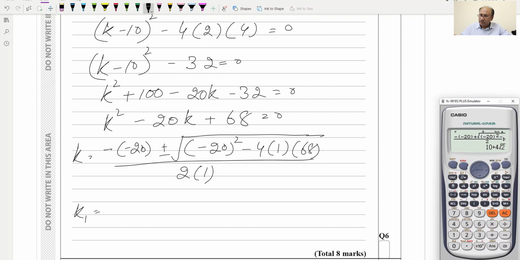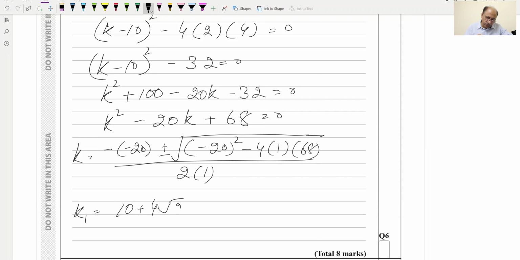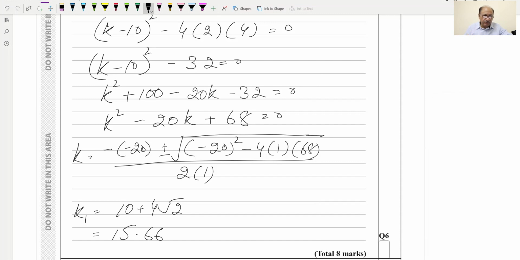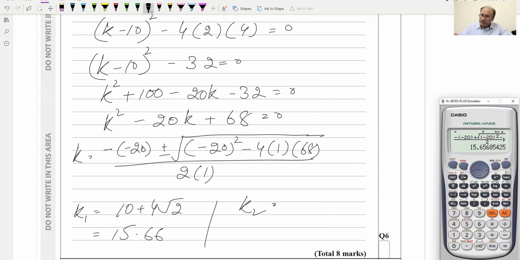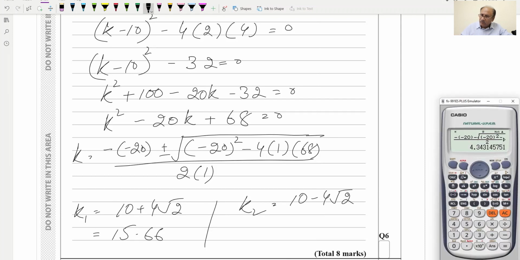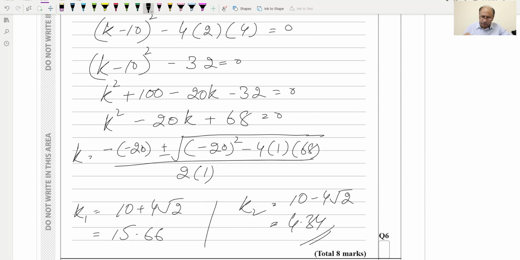This will be equal to 10 plus 4 root 2, and the decimal value will be 15.66. For the second value k2 we replace plus with minus, and this results in 10 minus 4 root 2, and the decimal value will be 4.34, up to 2 dp.